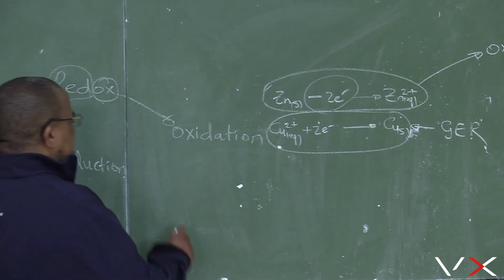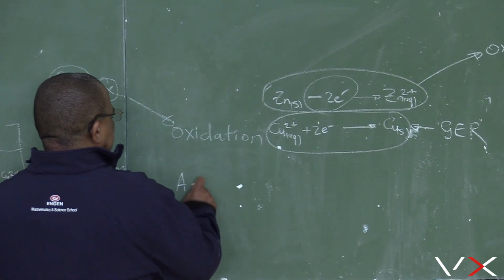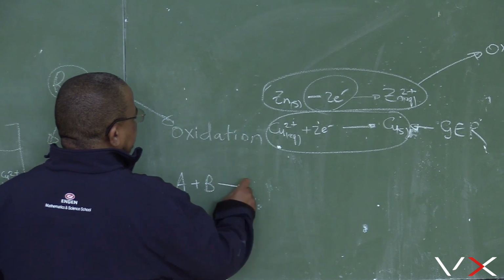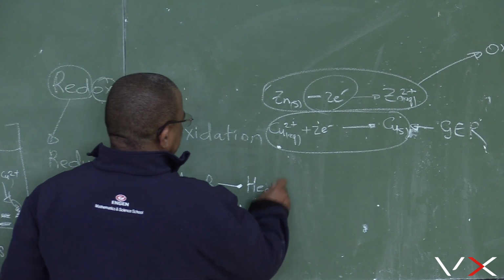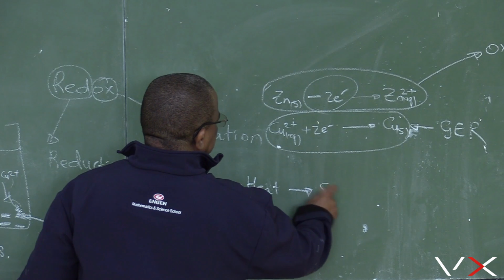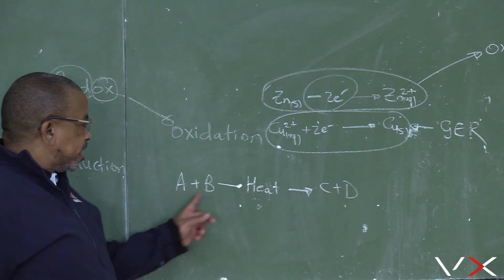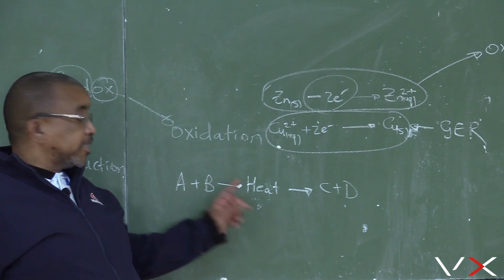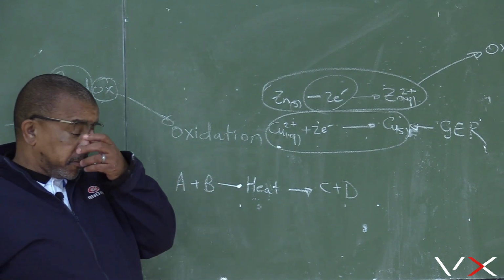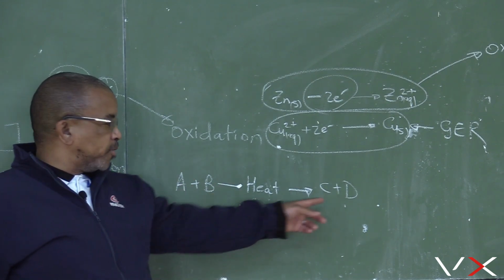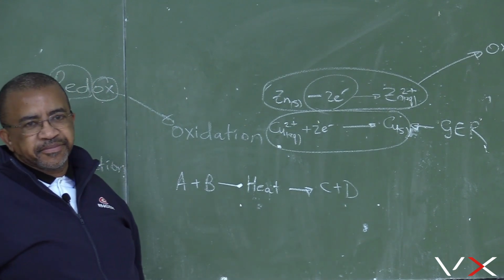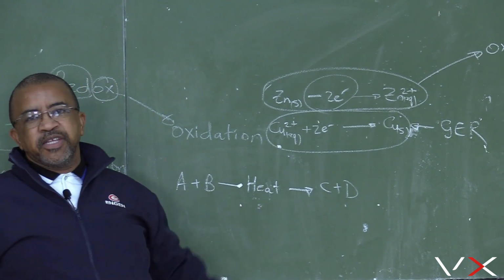For instance, we say if A reacts with B minus heat yields C and D. When A reacts with B, it releases heat. As it releases heat, it forms C and D. This is one way of explaining it.